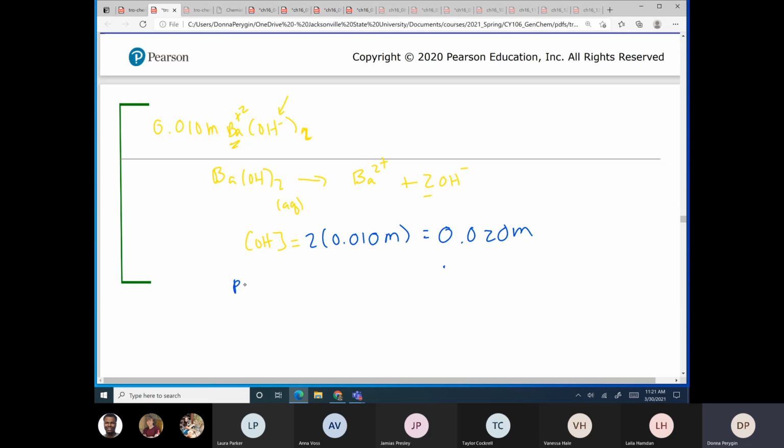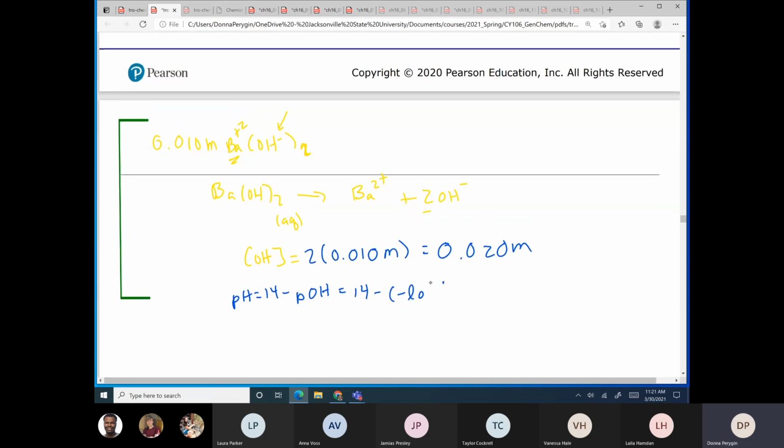So the pH is equal to 14 minus the pOH, okay? And that is equal to 14 minus the negative log of the OH- concentration, which is equal to 14 plus the log of 0.020, which is equal to 12.30.